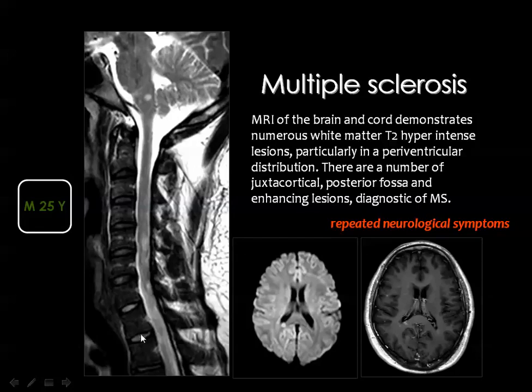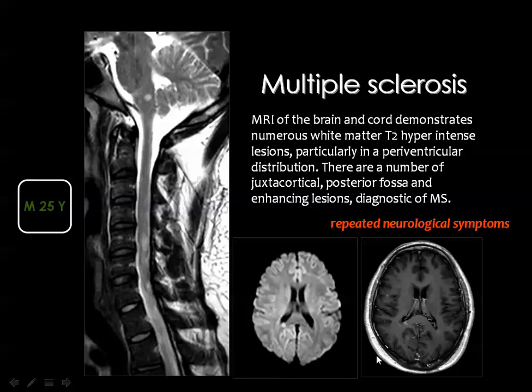And we used to do brain MRI whenever we are confronted with a case of cervical spine MRI with multiple or single focal lesions of high T2 signal inside the spinal cord, thinking that this may be an MS or multiple sclerosis.